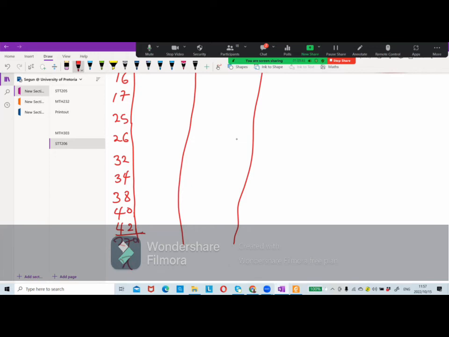X bar A is the same thing as the summation of XA divided by N. The summation is 270, divided by what? How many did you add together? 9. What's the value? 30. So our X bar is 30.